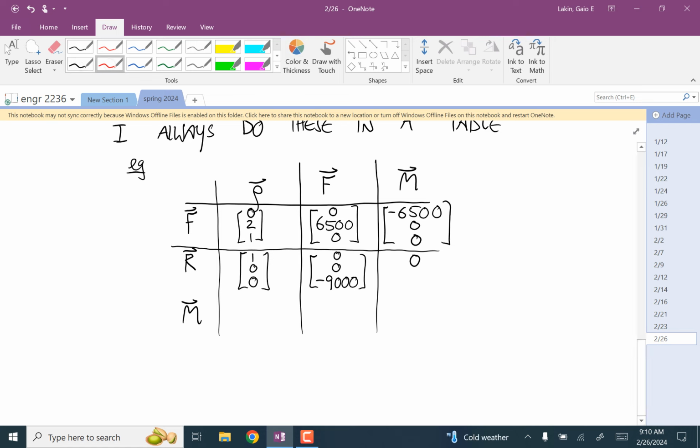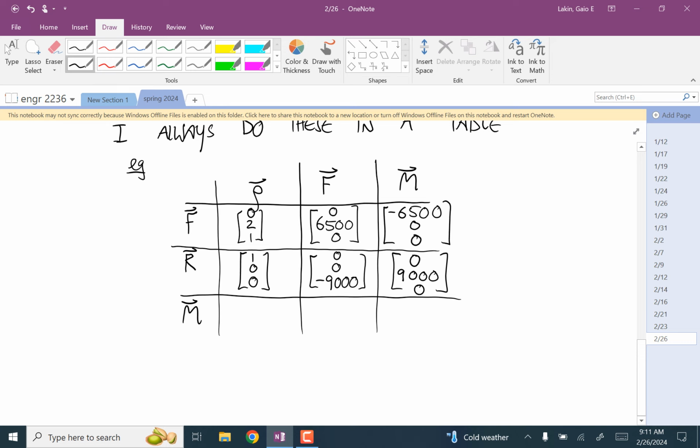For the y component, you have negative 9,000 minus 0, but then take the negative of that. So positive 9,000. For the z component, cross those out, 0 minus 0. And so you get this.